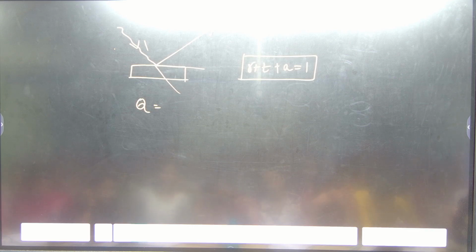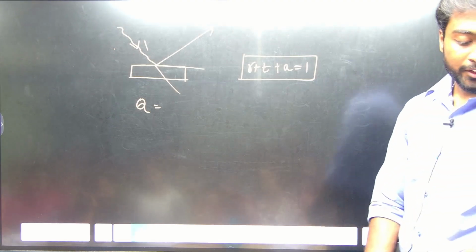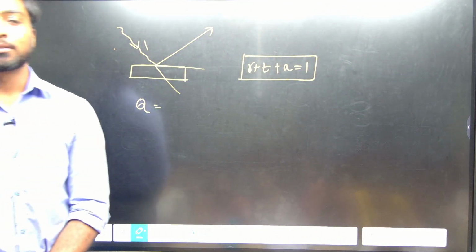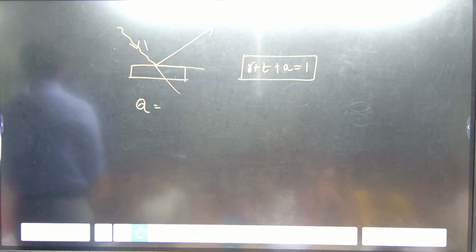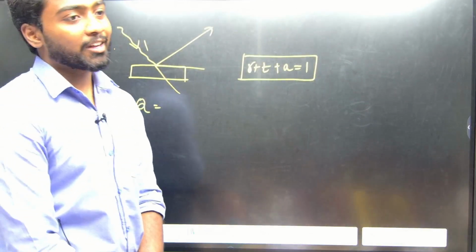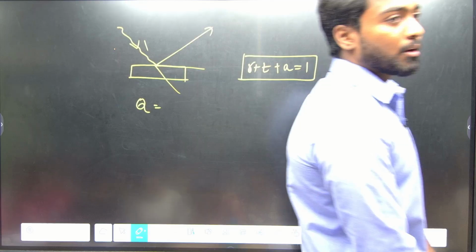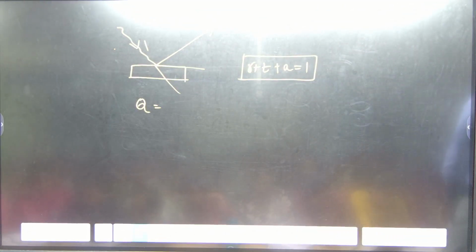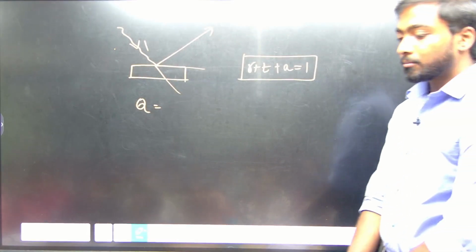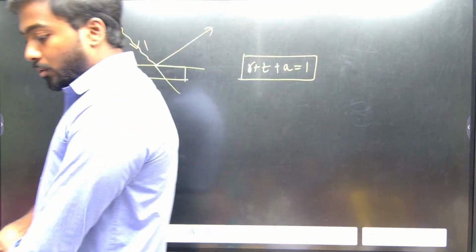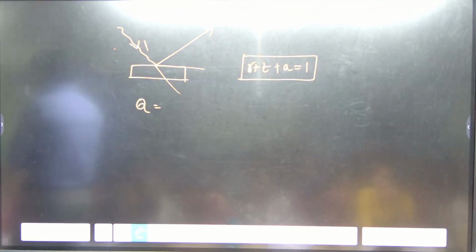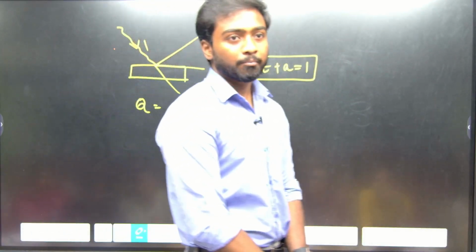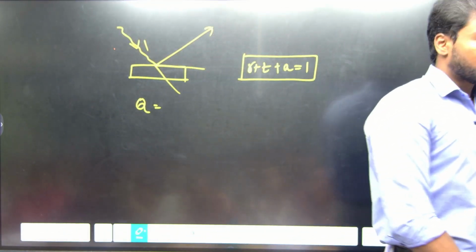So the last point you have written, A is equal to 1, no? Which means perfect absorption. This is called a black body, which means a black body absorbs everything. From this, usually people say don't wear black in summer.